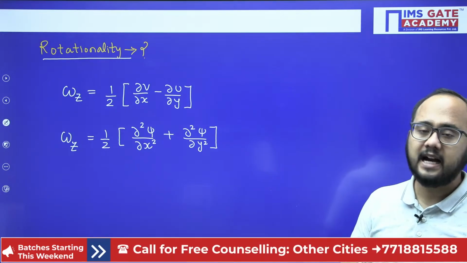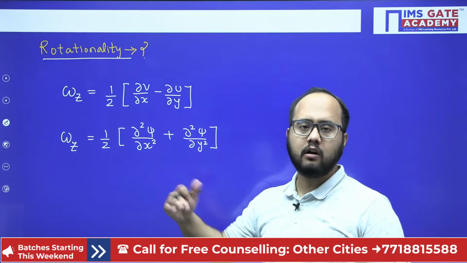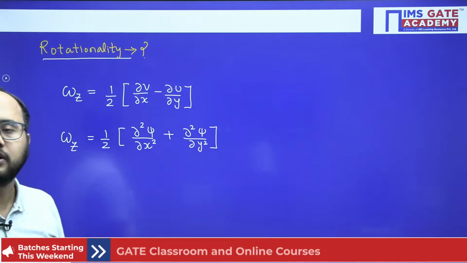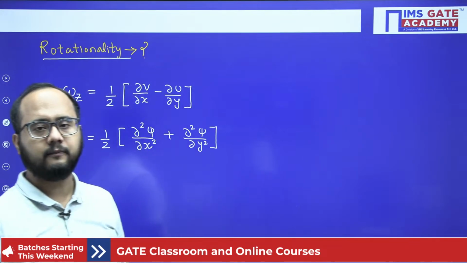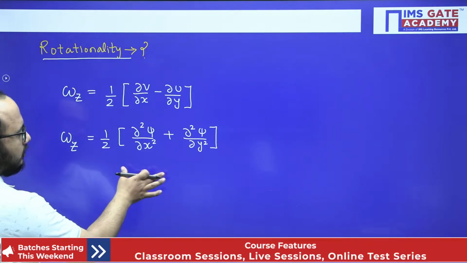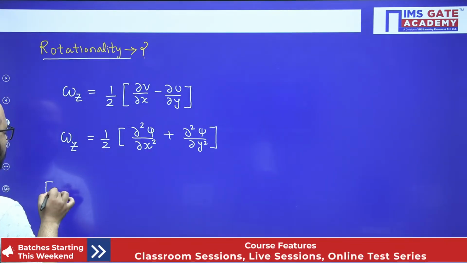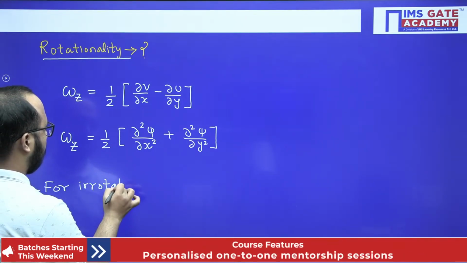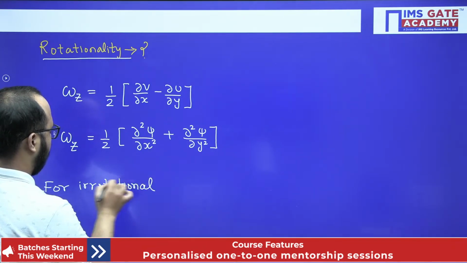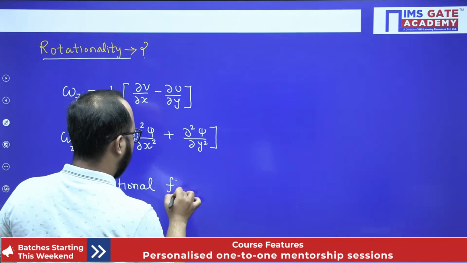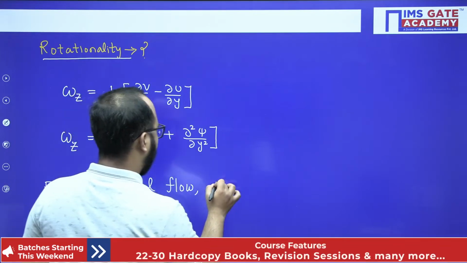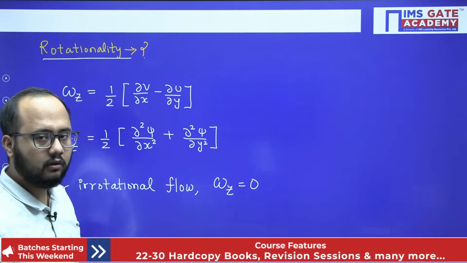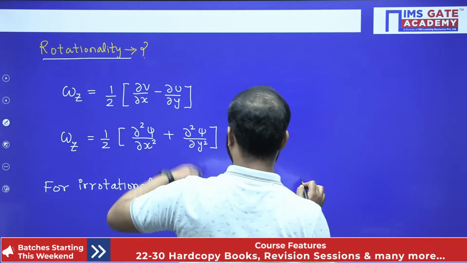So chances will be there, either it will be rotational or irrotational depending upon the values of the rotational component. So what we'll say, for an irrotational flow, omega z has to be 0, and if it has to be 0, this equation has to be 0.